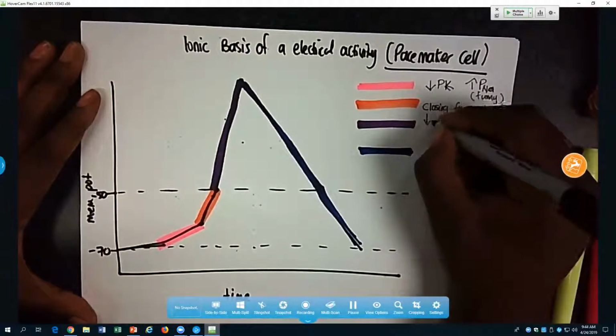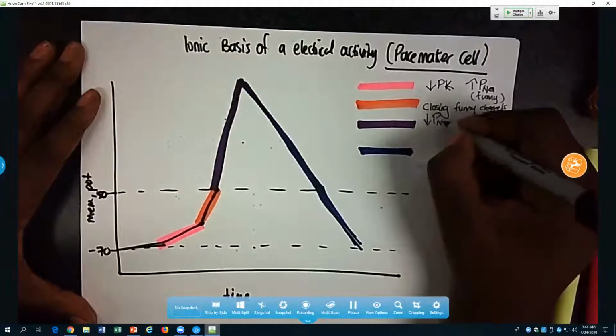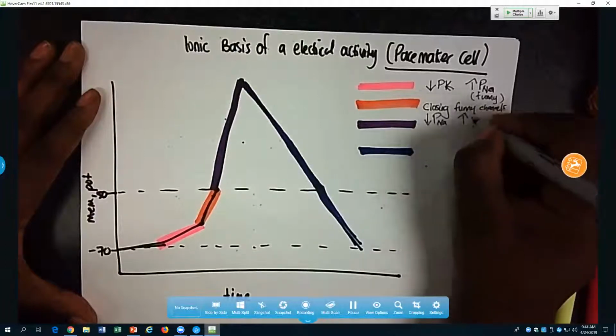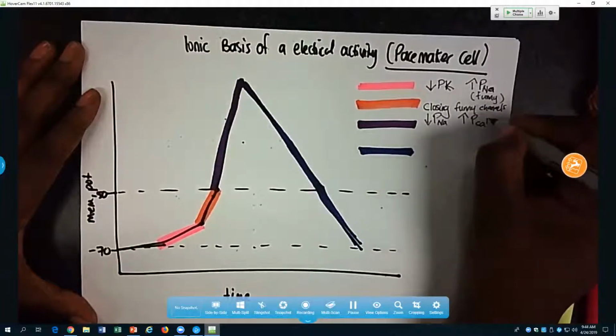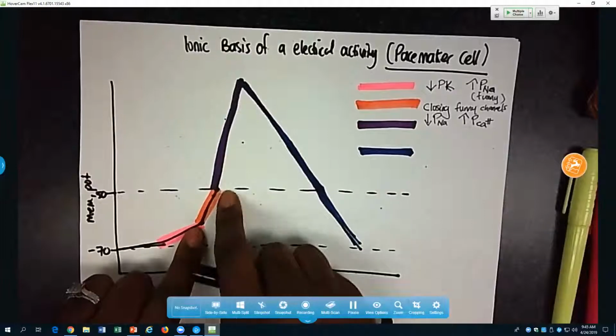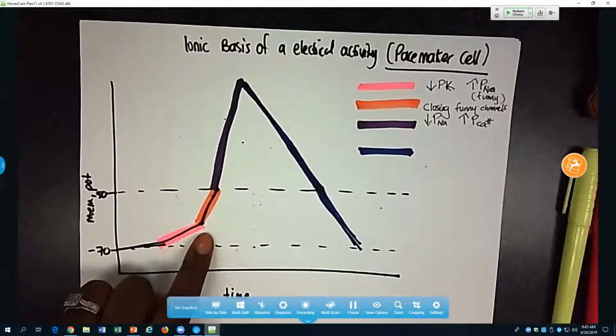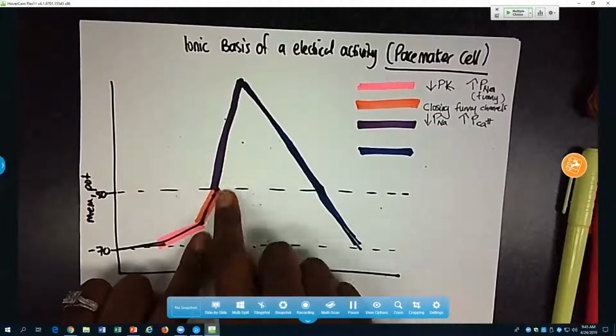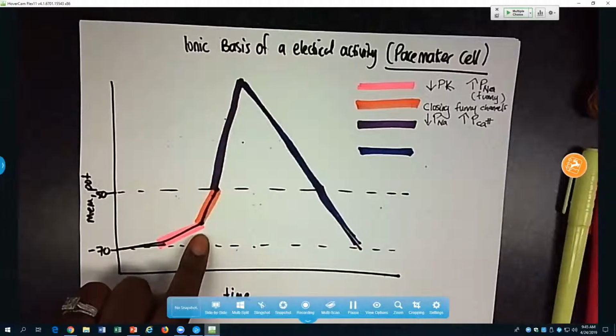So we're going to decrease the membrane permeability to sodium and increase the membrane permeability to calcium. Okay. And in doing so, we're going to even further depolarize this cell. Right now, we open up some more calcium channels, but they're slower. So they're not going to rapidly depolarize the membrane just yet.